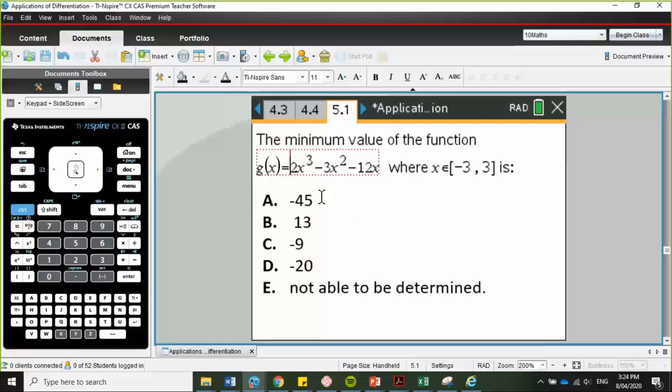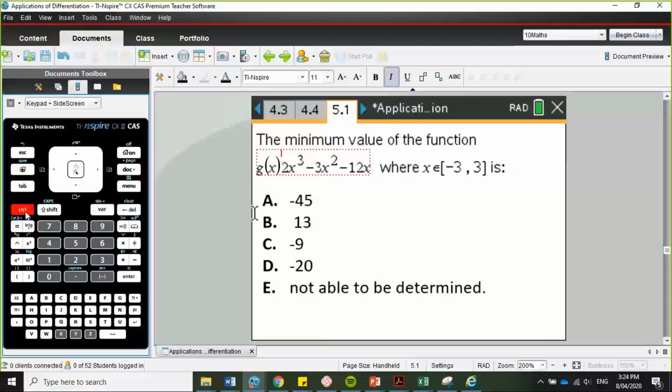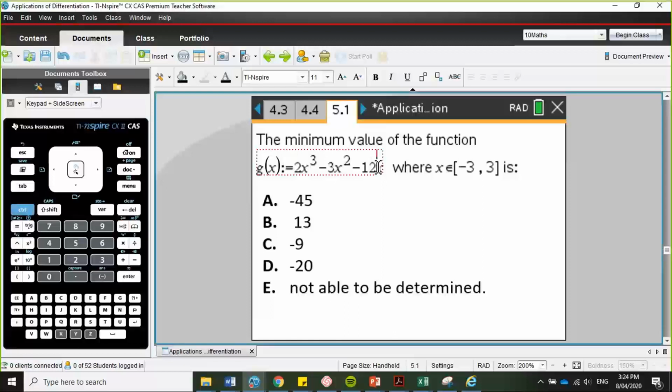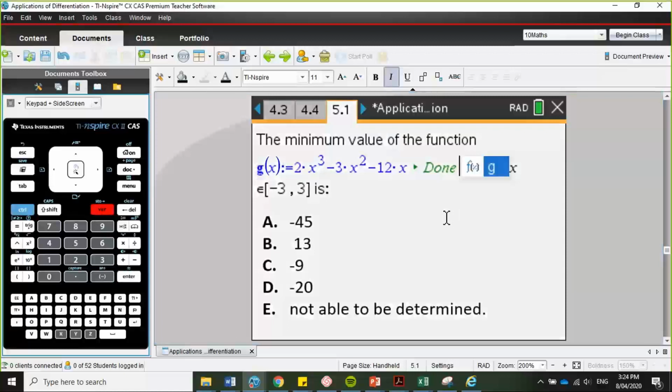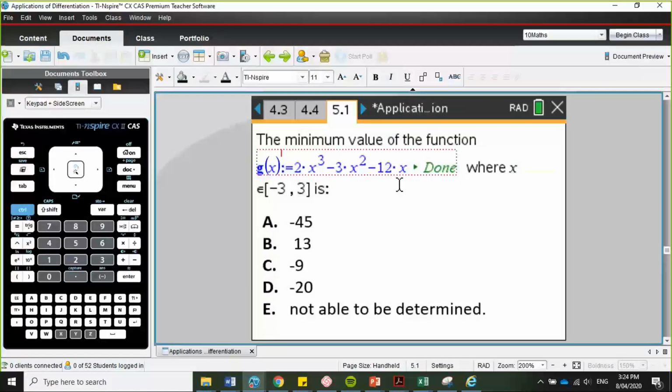So I'm going to assign my function, and you could do this in a normal calculator page. I'm just saving myself some time here. So I've got the function g of x. I did use g of x in a previous question, but g of x is not defined here. It hadn't been defined until I defined it just then, as I'm working in a different problem.